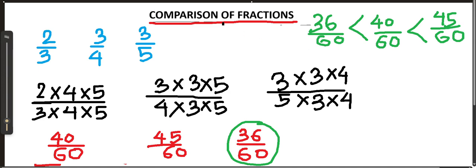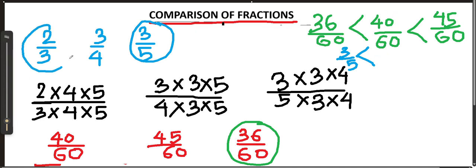So let's write the original fraction. That would be 3 over 5, which is less than 40 over 60, the first one, that is 2/3, which is lesser than 3/4. And thereby we got our final answer.